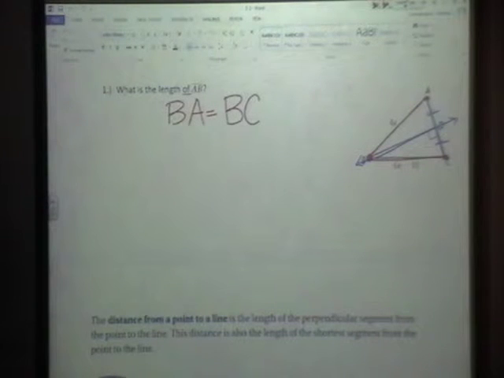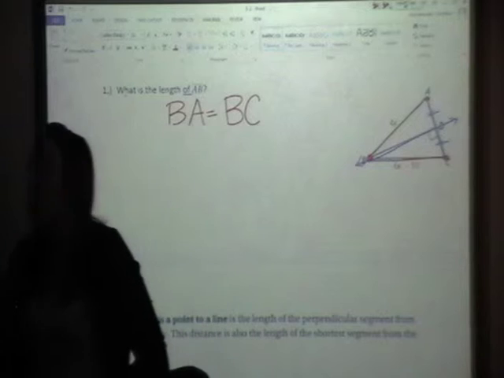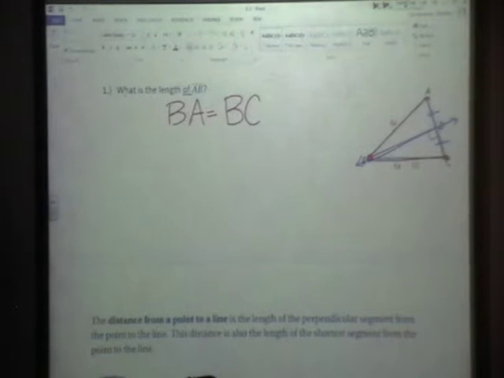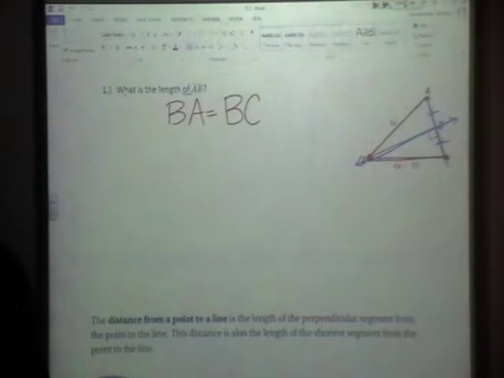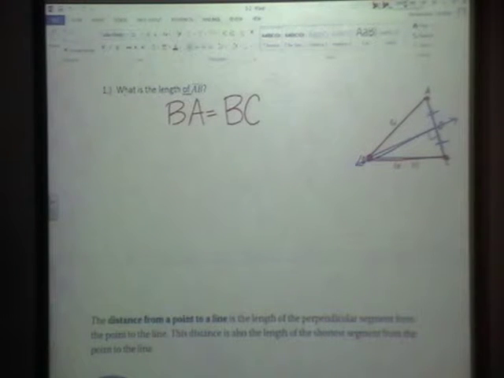Alright guys, first off, before I undo this and you guys can check your work, if you get a negative value for x, let's just remind you, we're talking about real life things. This isn't like algebra where x equals -4 is okay. This is geometry and we're talking about a real triangle.